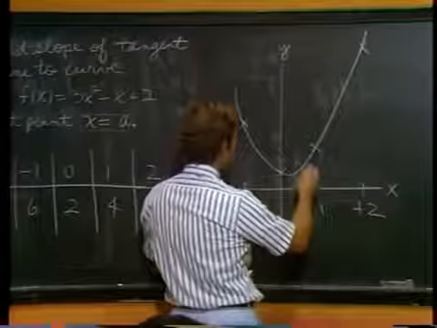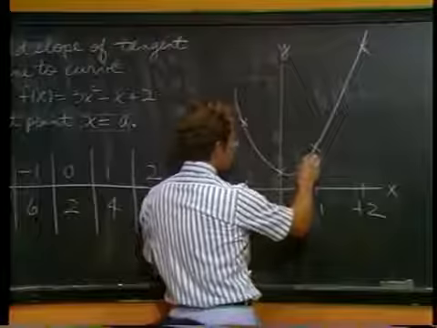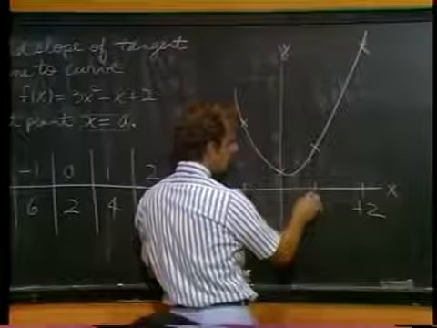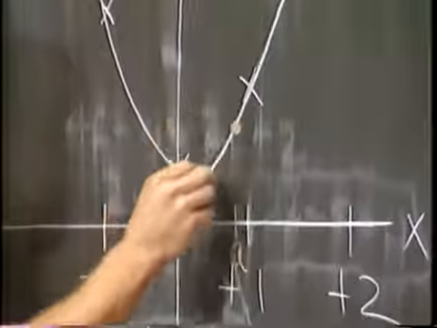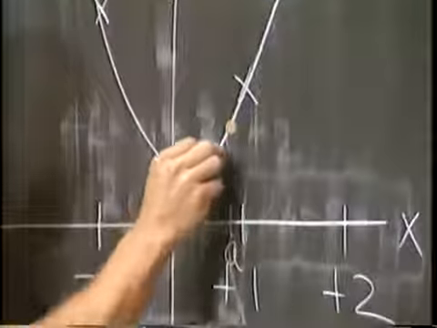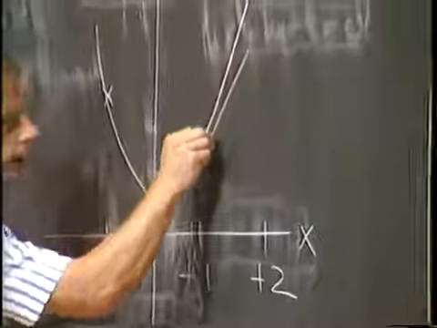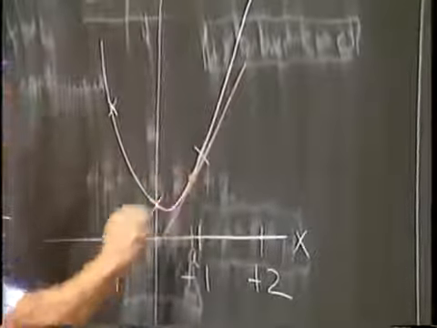Now here's basically the problem. We're going to start at any a value for x, go up to the curve, and somehow establish what the slope of this tangent line is. It's an old story. We've done it before.